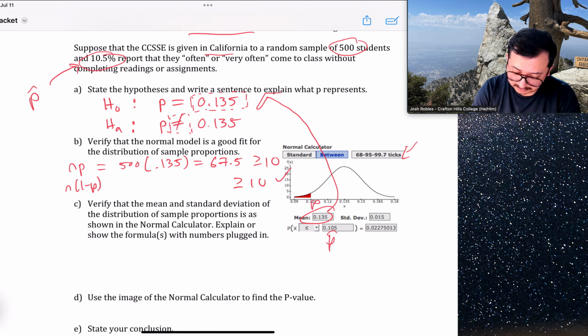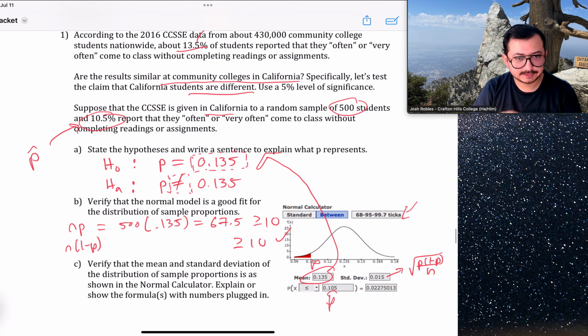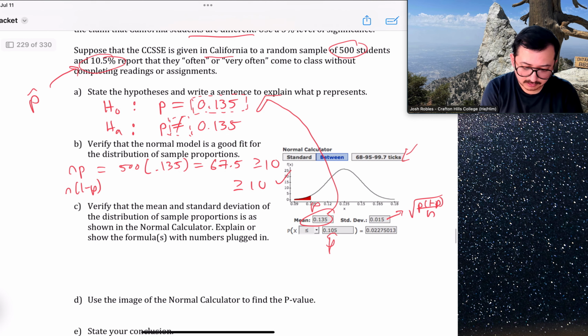If we were to calculate, this one would have been the square root one. That's already there. I'm going to be lazy. That's plugged in. All right, so the sample is less, so that's why it's shaded to the left. But we wanted a not equal to test, a two-tailed test. It's right here. We wanted a two-tailed test.